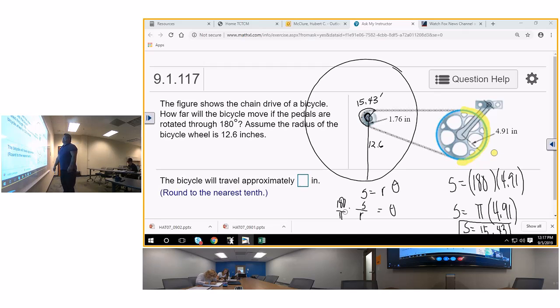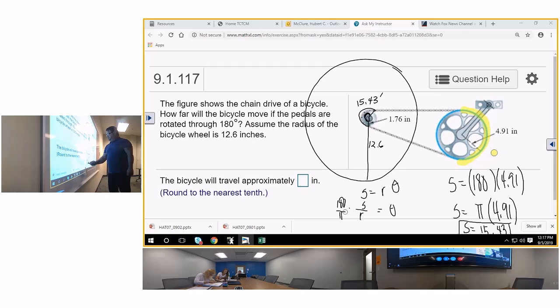And S is 15.43, and R is 1.76. So that's 180 over pi multiplied by 15.43 over 1.76. I need y'all to work that out.